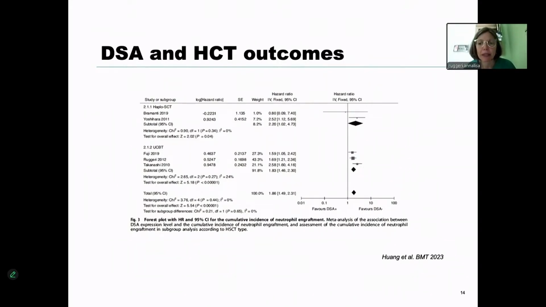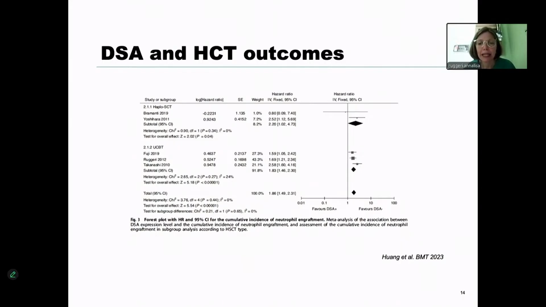This is a recent meta-analysis reporting how the results are overall very homogeneous, showing that both graft failure and reduced overall survival are consistent across the different studies, including registry studies from Japan, Europe, and the US.